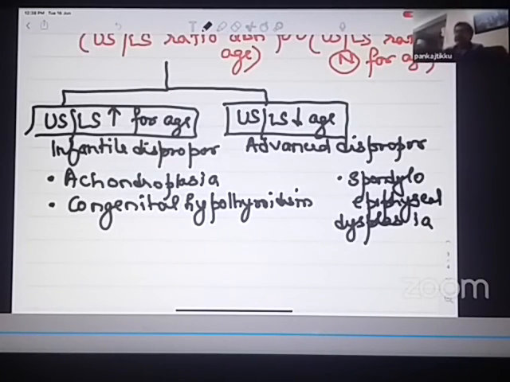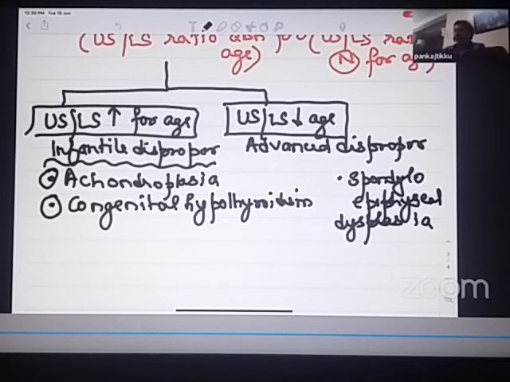So infantile disproportion, what are the two examples? Achondroplasia, it's a type of skeletal dysplasia. Just remember, it's a bone disorder. It's a type of skeletal dysplasia. So achondroplasia. What is the second example of infantile disproportion? Congenital hypothyroidism, especially the congenital hypothyroidism which is untreated.